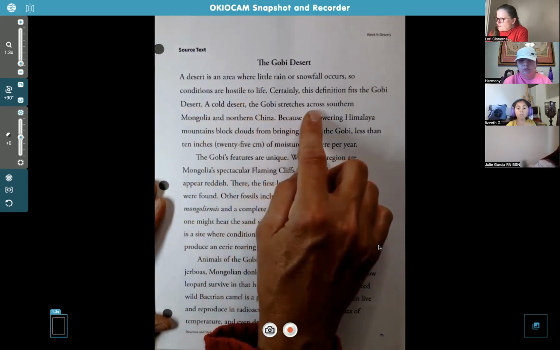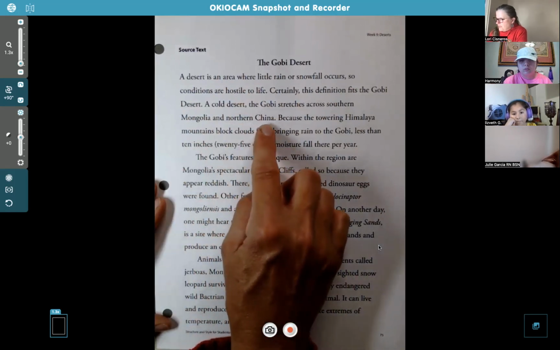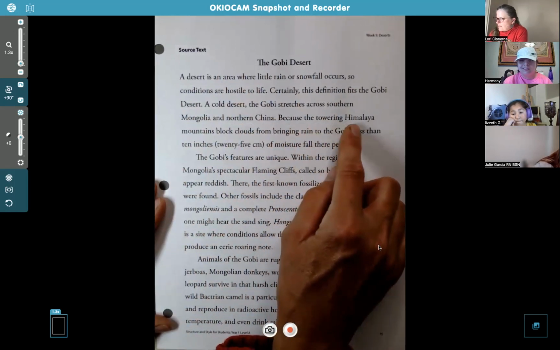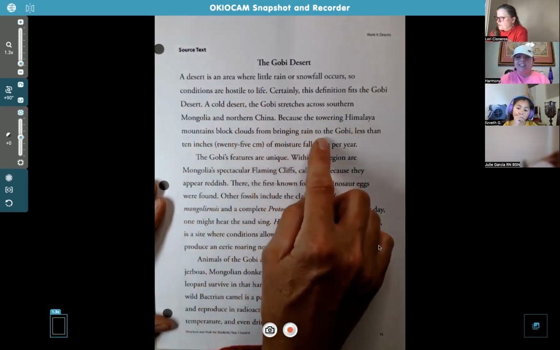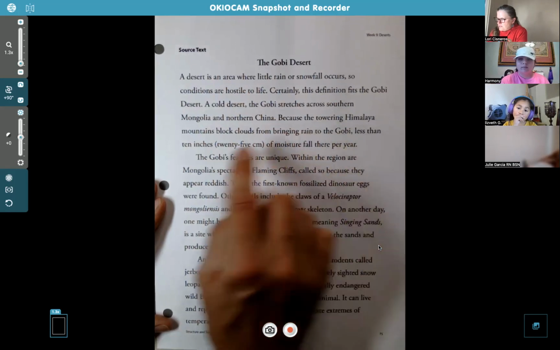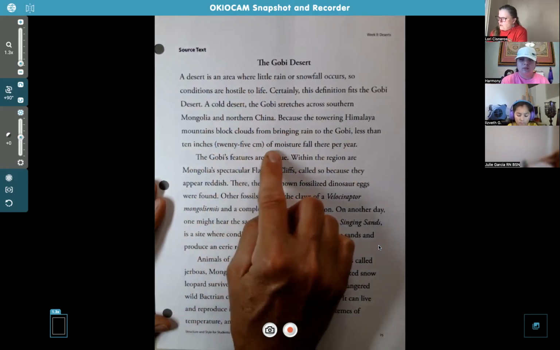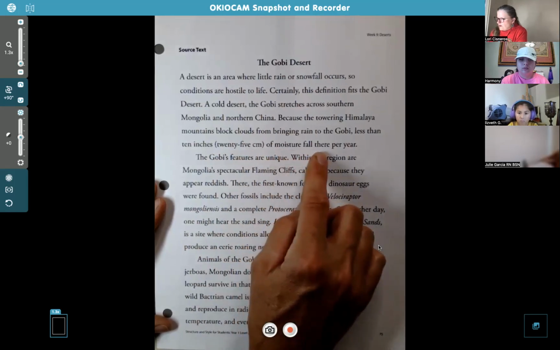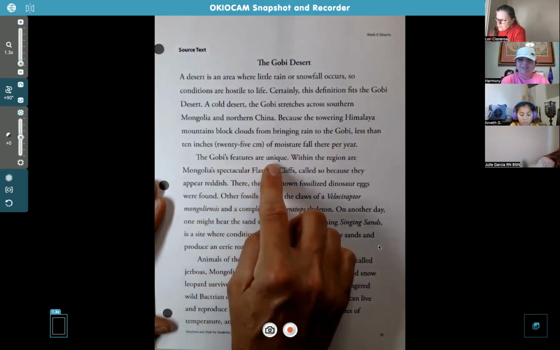The Gobi stretches across southern Mongolia and northern China. Because the towering Himalaya mountains block clouds from bringing rain to the Gobi, less than 10 inches or 25 centimeters of moisture fall there per year.